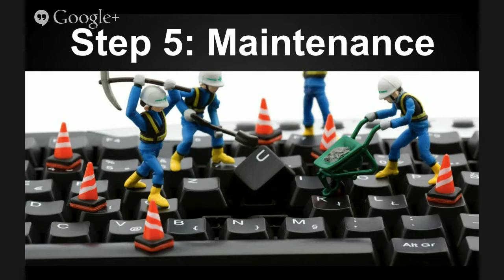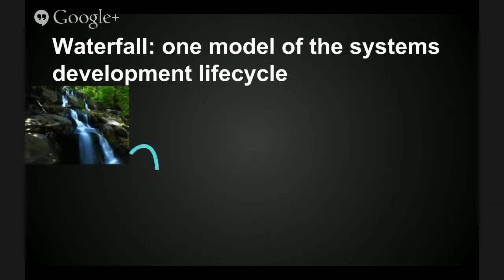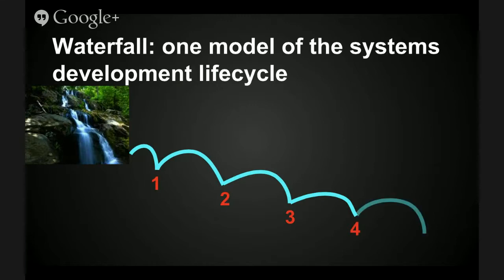Although these are the basic stages in the systems development lifecycle, there are multiple models, one of which is the waterfall. This was a once popular method which features each stage's end result waterfalling into the next one. However, this is no longer often used.